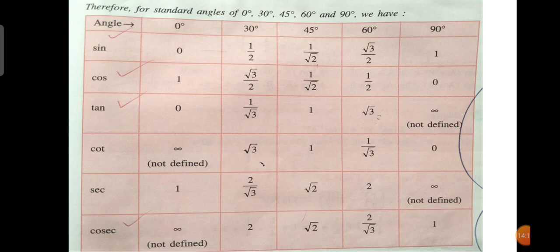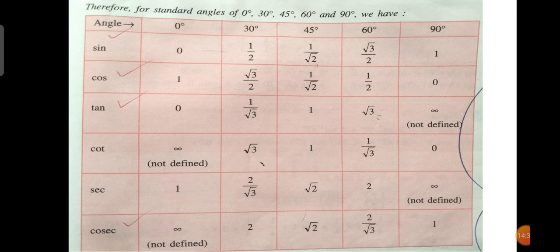Okay, for 45 degree, sin 45, cos 45, a right angle triangle has to be drawn with a 45 degree angle. The sides are 1, 1, root 2.